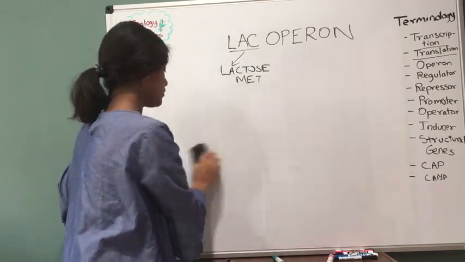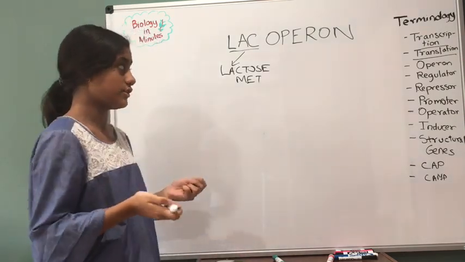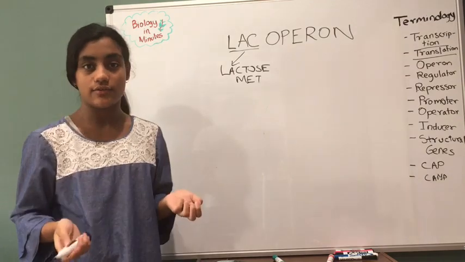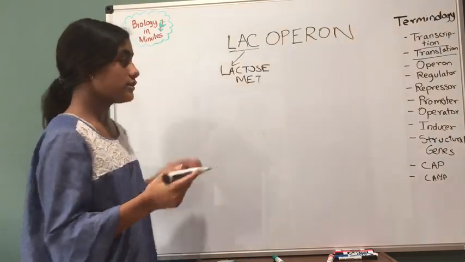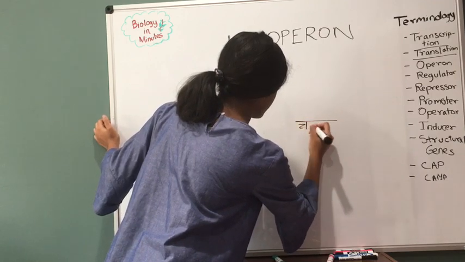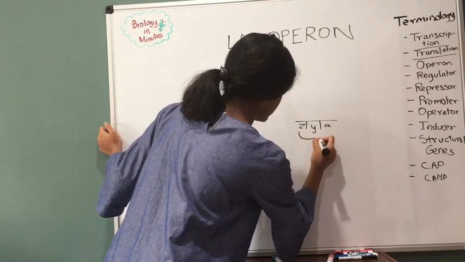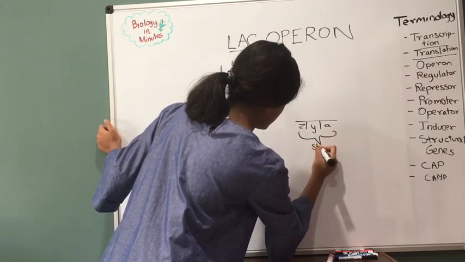So as I said, the goal of the Lac Operon is to control the translation and transcription of the genes that allow for lactose metabolism. Those are the three main structural genes: Z, Y, A. And these are your structural genes.